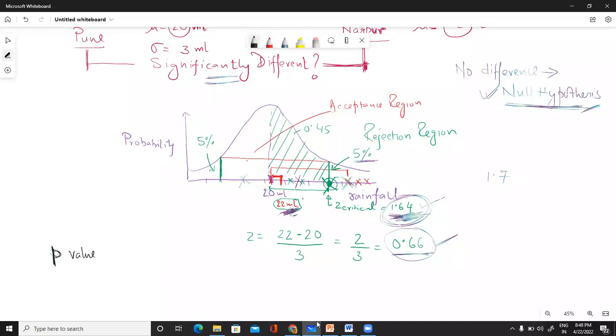What is the p-value of this 22 ml? Many times the p-value will be reported. So what is that? The p-value is the probability of getting a value this much or farther than the mean. So essentially what we are talking about is, I'll draw it again because that has become a little congested.